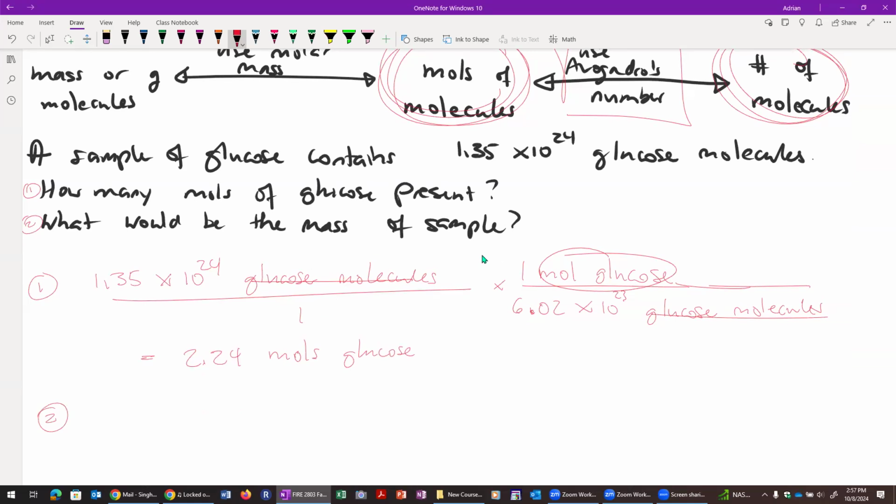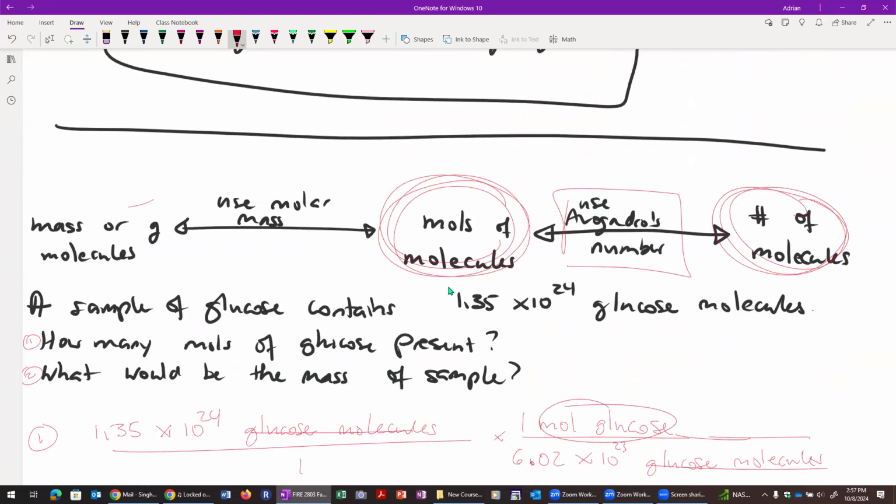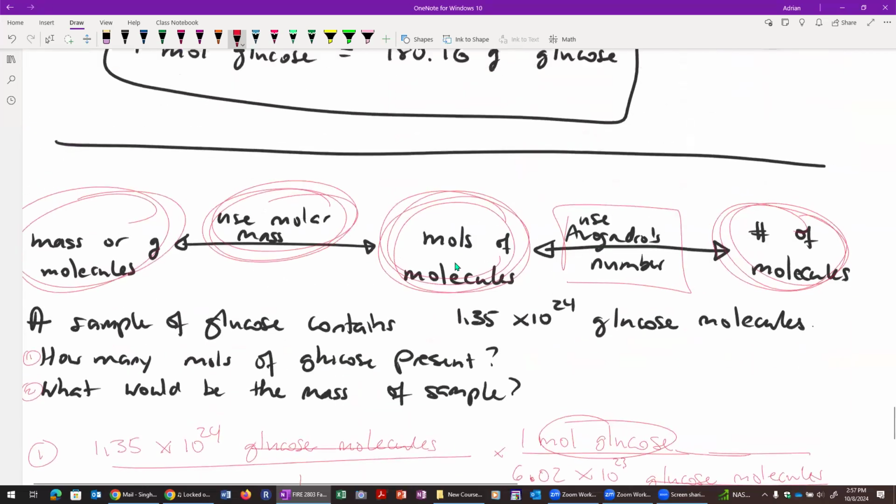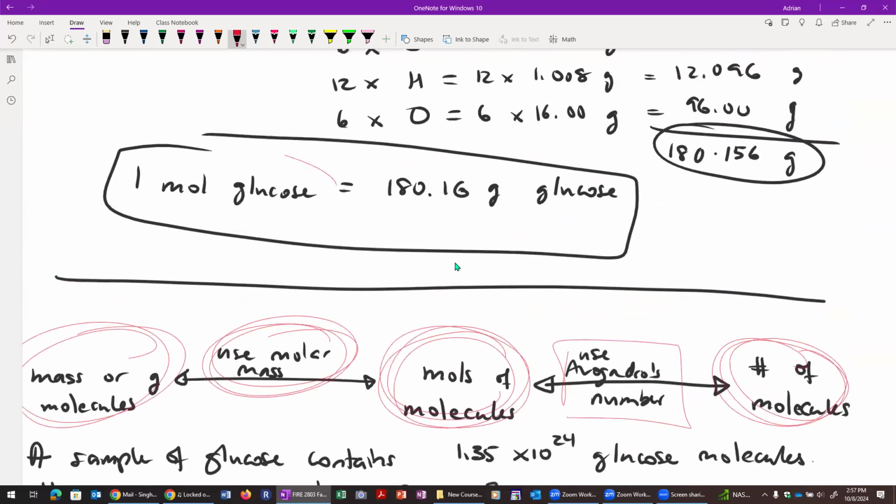To get to the mass, we need the moles, which we just found. In this step, we're going to use the molar mass of glucose, which we calculated before. So using what we got from the previous step, 2.24 moles of glucose, we'll put that over 1. And then our molar mass for glucose says that for every mole, I want the moles to cancel out, and I want to put the grams on top because that's what I want to end up with.